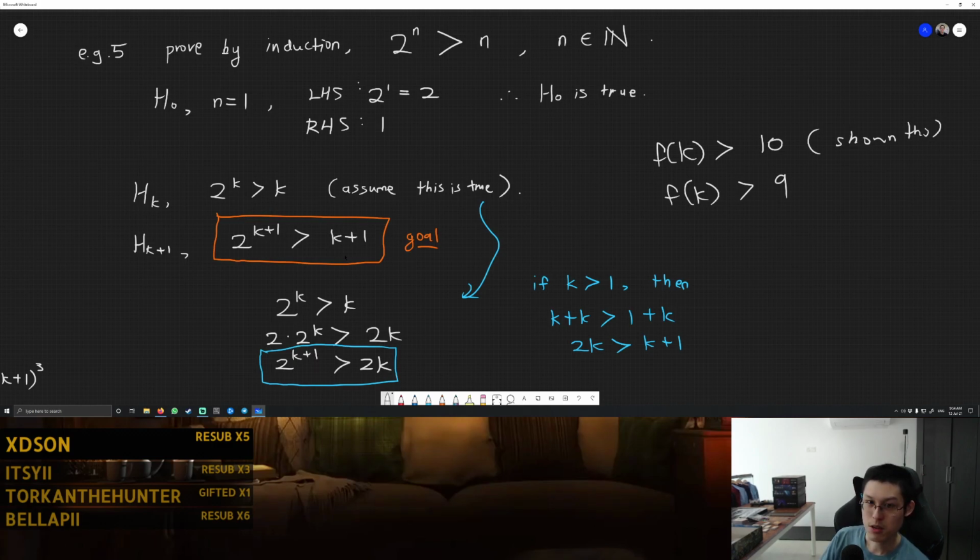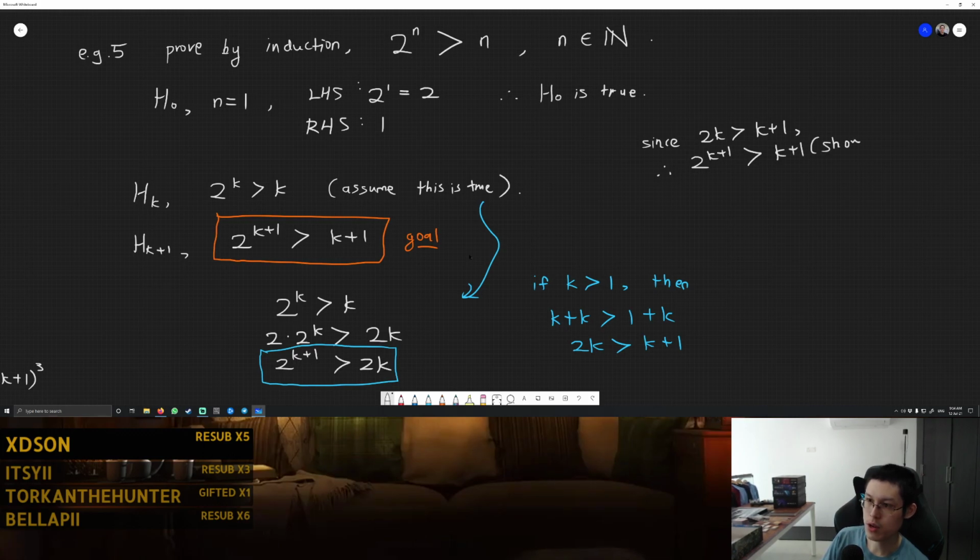Therefore, this statement here has been shown to be true as well. Does this make sense to you guys? I hope so. Since 2k is greater than k plus 1, therefore 2k plus 1 must be greater than k plus 1. That means we have shown our goal.